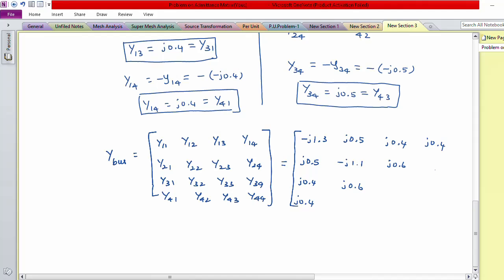Then y24 is 0, similarly y42 is 0. y33 is minus j 1.5, y34 is j 0.5, y43 is j 0.5. And lastly, y44 is minus j 0.9. So this is the bus admittance matrix.